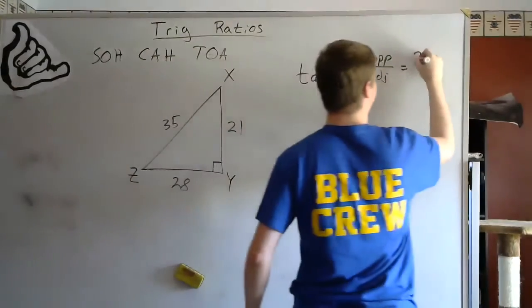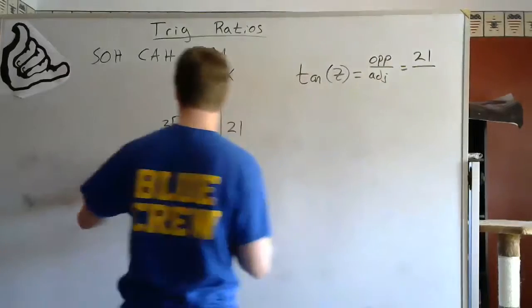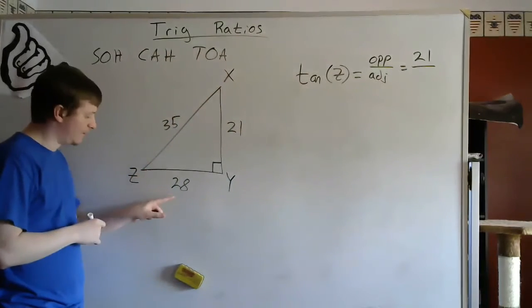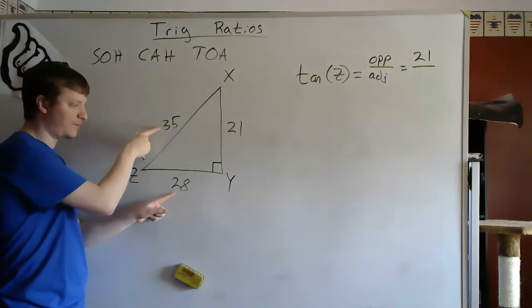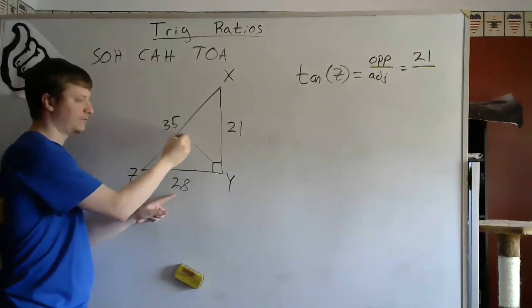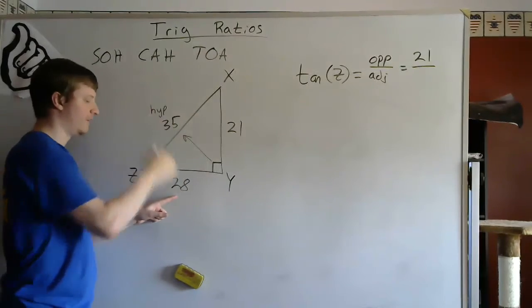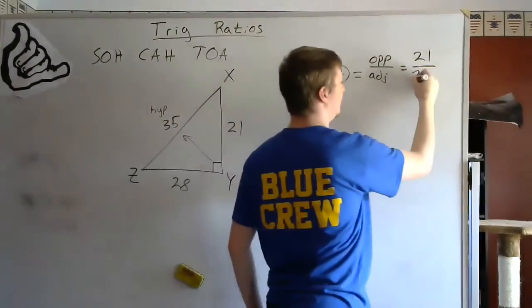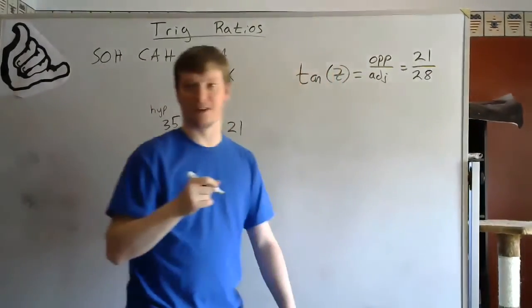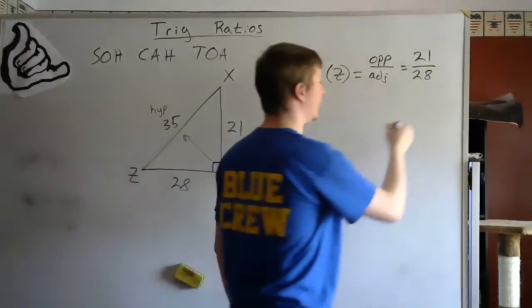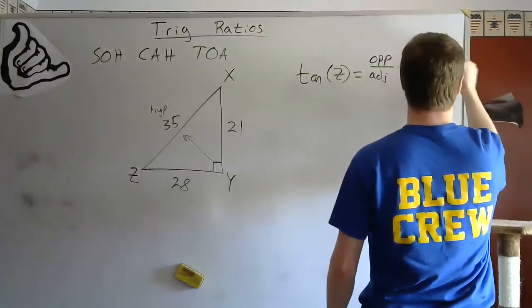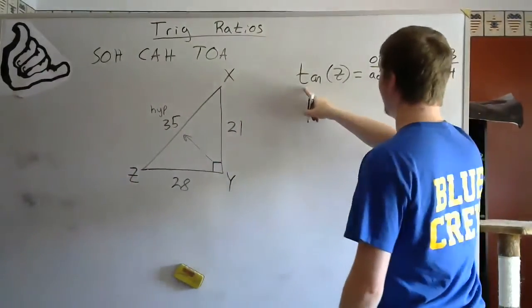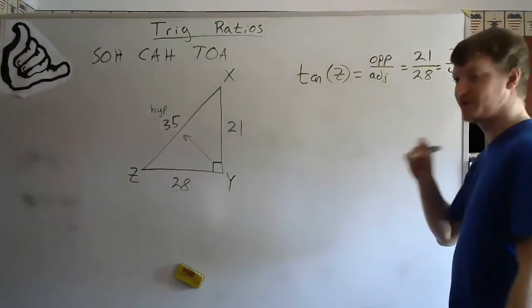The adjacent for angle Z is 28, not 35. Remember, 35 would be the hypotenuse. So 28 is my adjacent. And I could simplify this a little bit. These are both divisible by 7, so I get 3/4. The tangent of Z is 3/4.